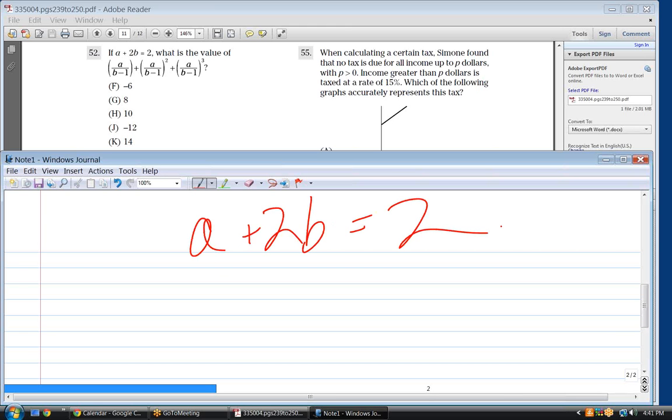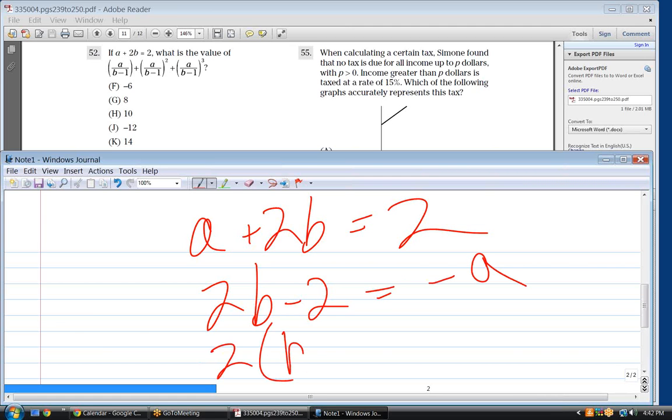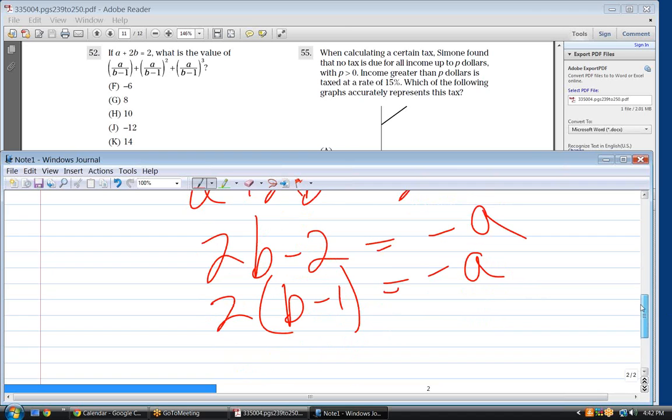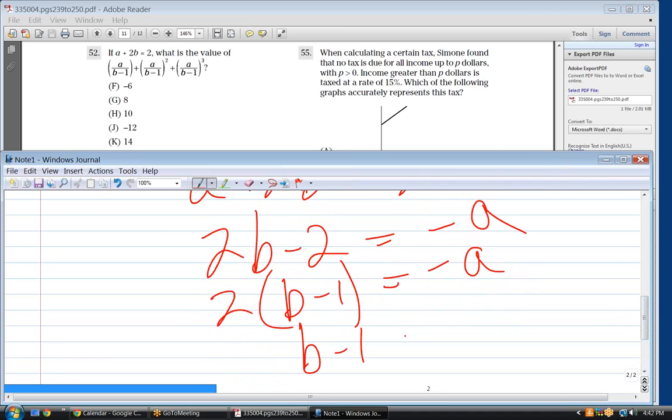Can I somehow get a B minus 1 out of this? Yeah, you can. So I'm going to get 2B minus 2 equals negative A. And factor out a 2: B minus 1 equals negative A over 2.